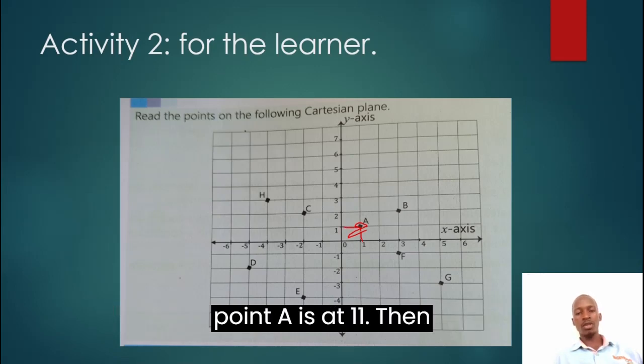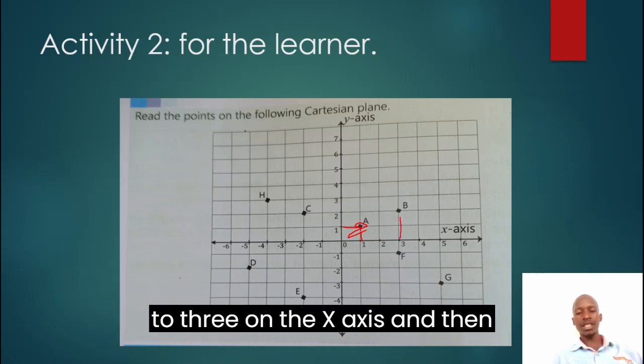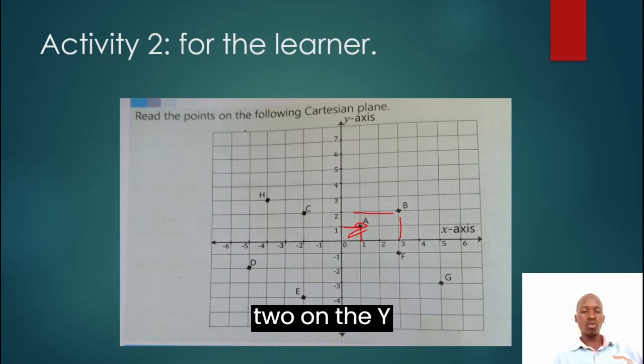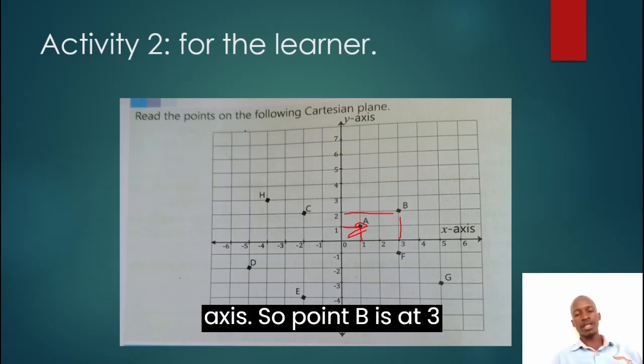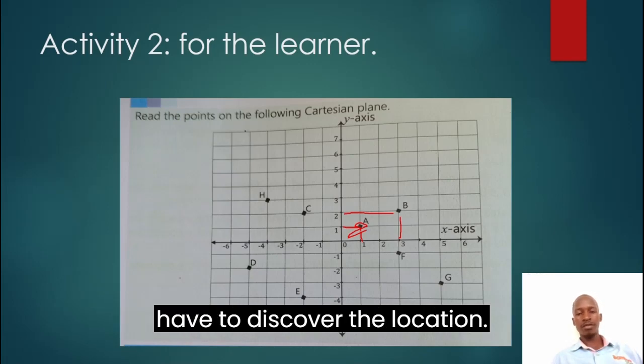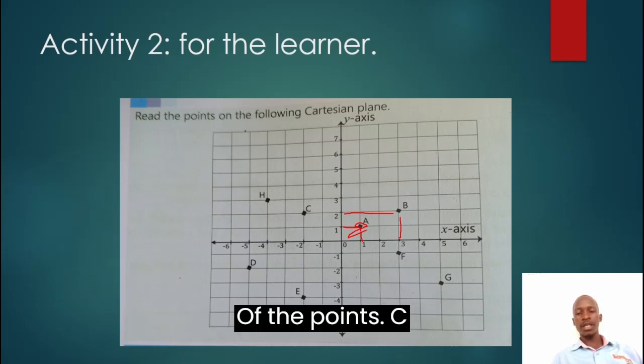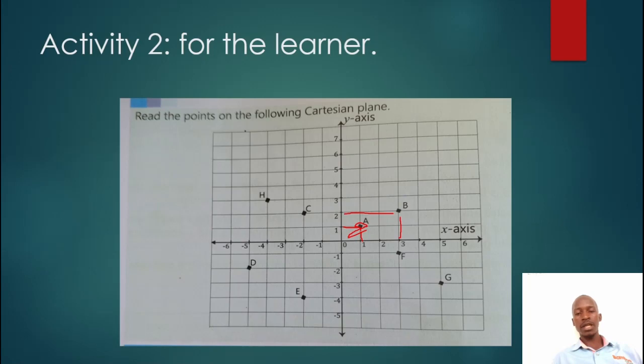So point A is at 1, 1. Then point B, you realize it is corresponding to 3 on the x-axis, and then 2 on the y-axis. So point B is at 3, 2. So in a similar way, you have to discover the location of the points C, D, E, up to H.